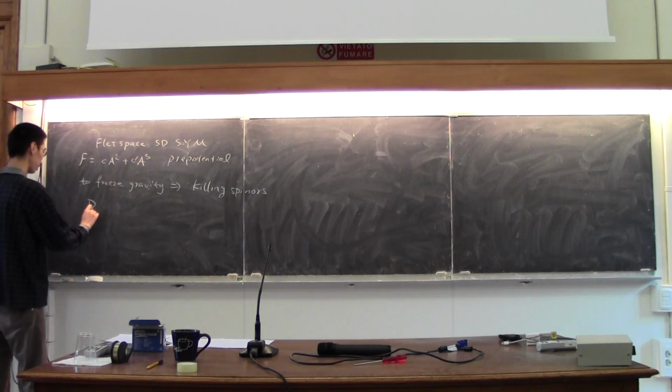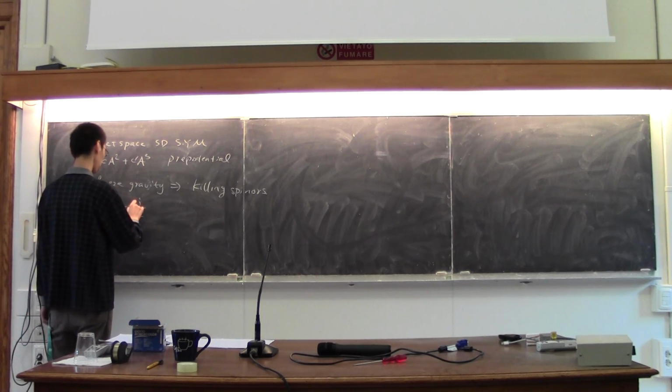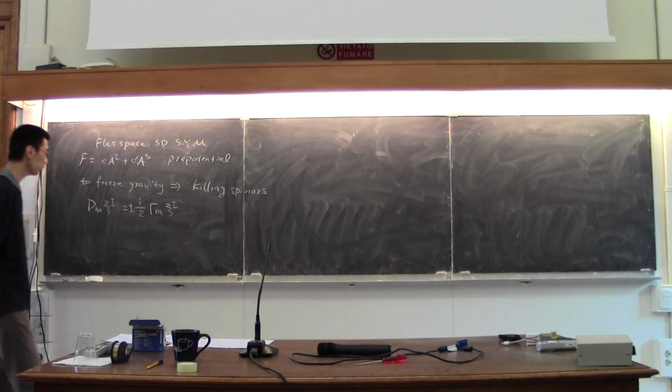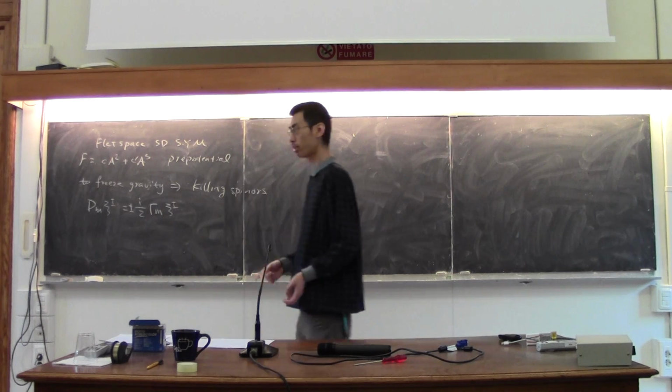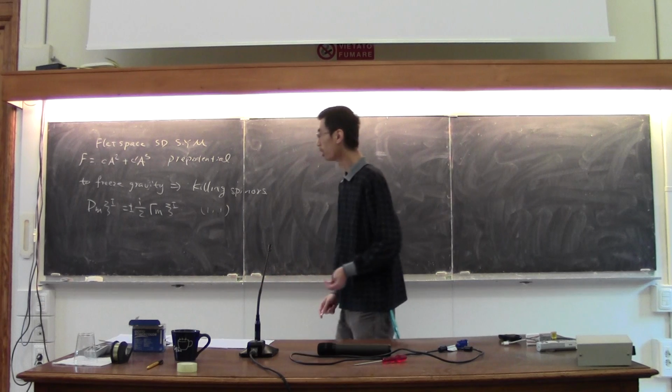And let me remind you what the Killing equation is. Having a pair of solutions with plus and minus, we say that we have 1,1 supersymmetry.